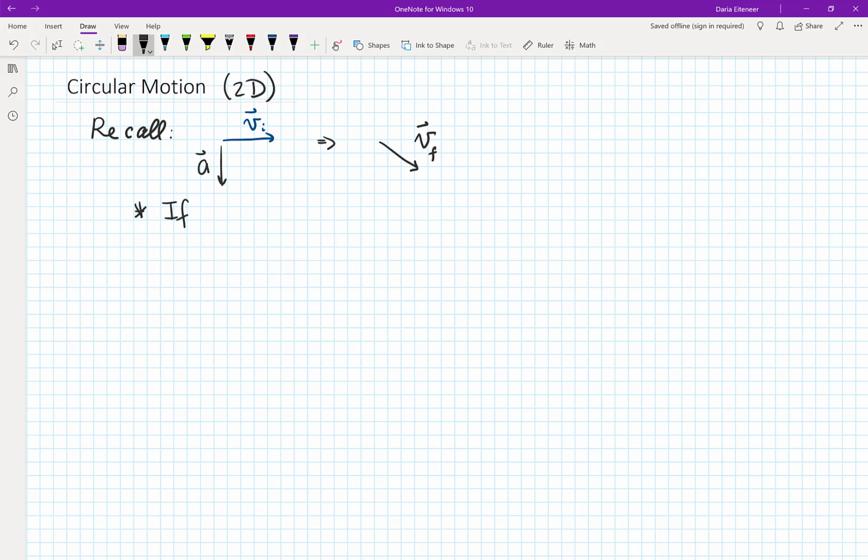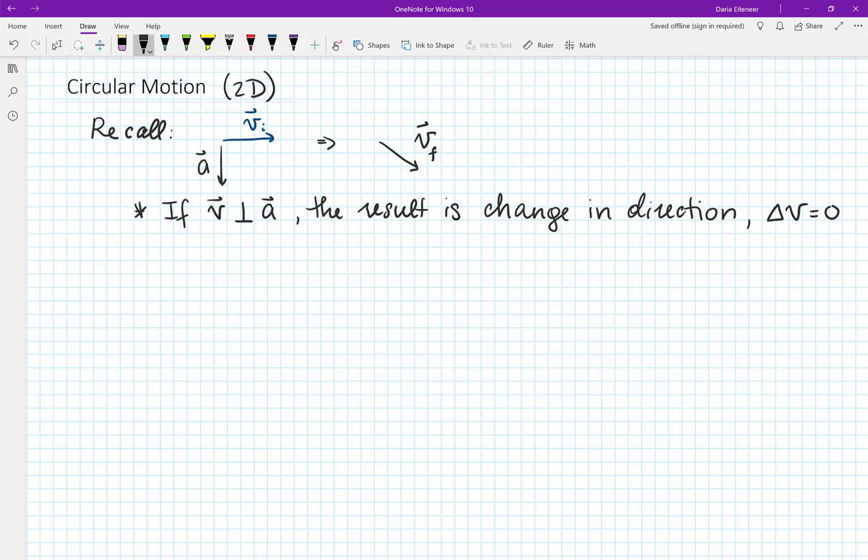If velocity vector and acceleration vector are perpendicular to each other, the result is change in direction and change in speed is 0, right? So remember, v with a vector arrow on top is velocity. V without the vector arrow on top is the magnitude of velocity, aka speed.